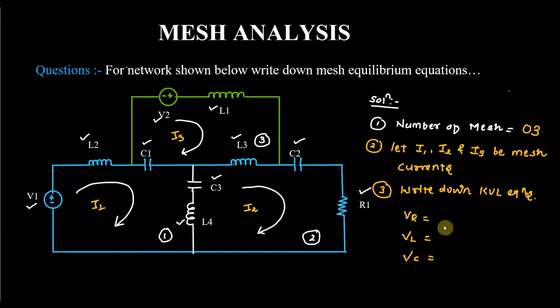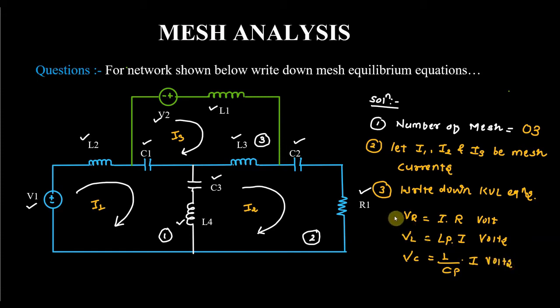The voltage across resistance is the product of current and resistance, measured in volts. Similarly, the voltage across an inductor is L p into I, that is, its impedance multiplied with the current, measured in volts. Similarly, VC can be written as 1 upon C p into I, measured in volts.